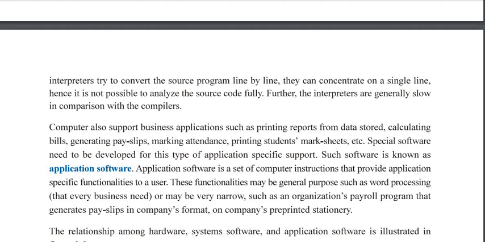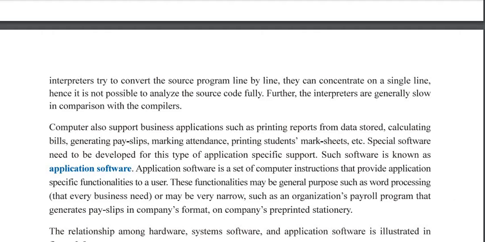Application software is a set of computer instructions that provide application specific functionalities to a user. These functionalities may be general purpose, such as word processing, or may be very narrow, such as an organization's payroll program that generates a payslip in a company's format on a company's pre-printed stationery.